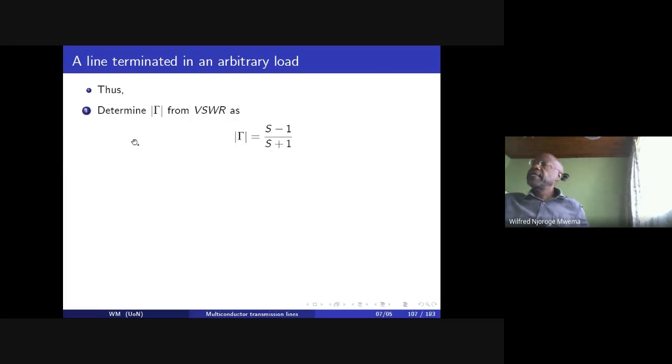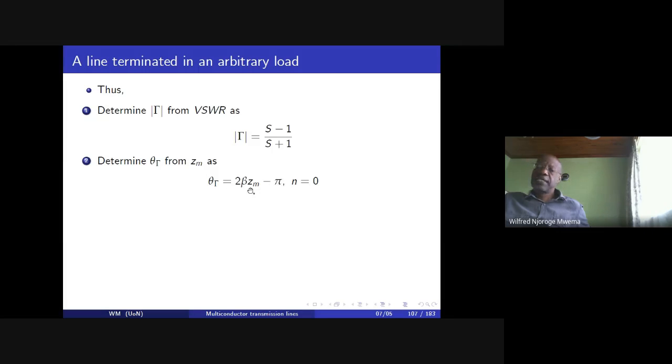Thus, we can determine gamma from VSWR as magnitude of gamma equal to S minus 1 over S plus 1. That is, the magnitude of the reflection coefficient is going to be given by the standing wave ratio less unity over standing wave ratio plus 1. Then we'll determine the angle of the reflection coefficient from the position Zm that is closest to the voltage minimum, and we write it as theta gamma equal to 2 beta Zm minus pi.